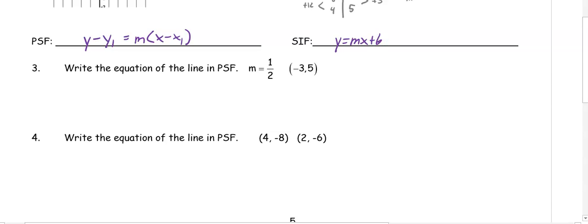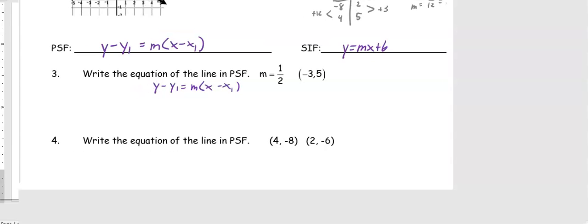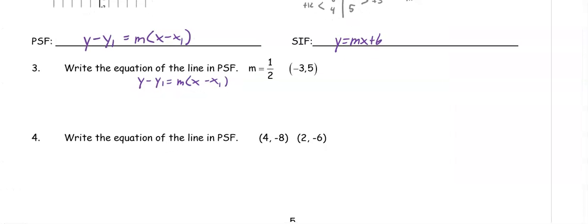So for number 3, we want to write the equation in point slope form. So all we want to do here, if point slope form is y minus y1 equals m times x minus x1, is we want to substitute 3 values into the equation. So we want to put our x value in for x1, put our y value in for y1, and put our slope in for m.